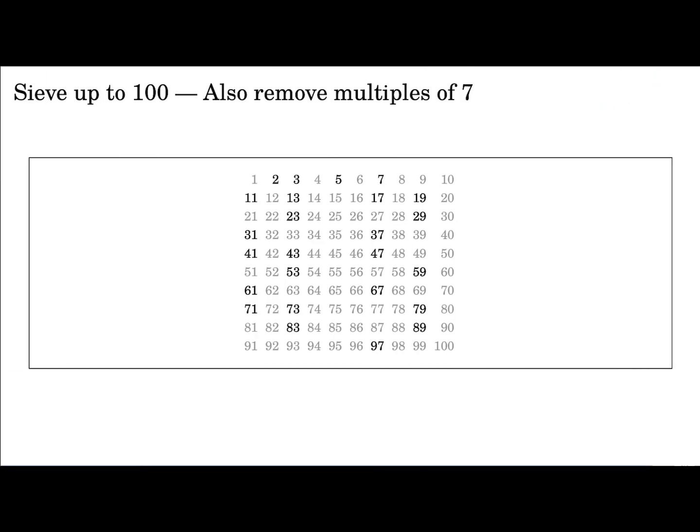So now that we've removed multiples of 2, 3, 5, and 7, since the square root of 100 is equal to 10, which is another way of saying that 10 squared is equal to 100, we don't need to check beyond that, right? We only need to check the primes that are up to 10.